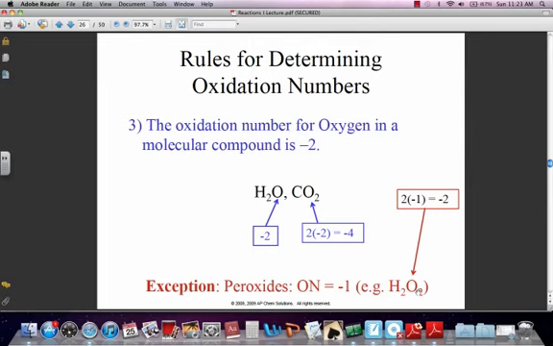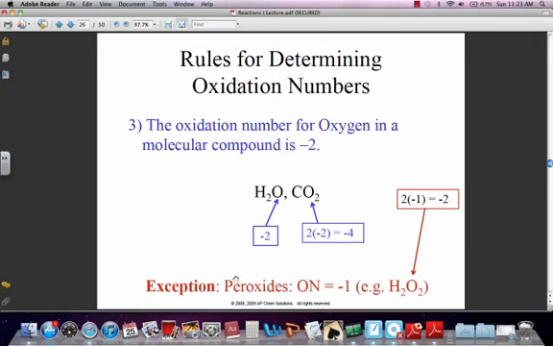It's got an overall charge of -2, but its oxidation number is -1. There are two oxygens, each with the charge of -1, therefore its overall charge is -2. But for the majority of the time, oxygen will be -2.